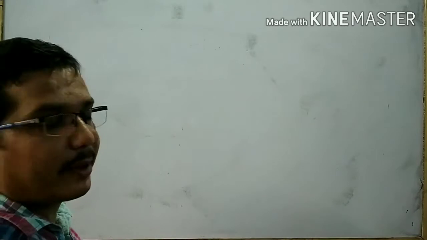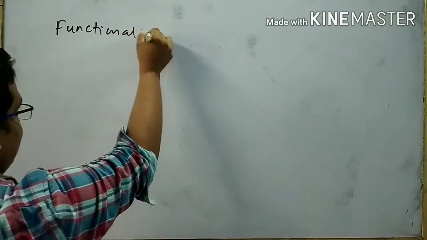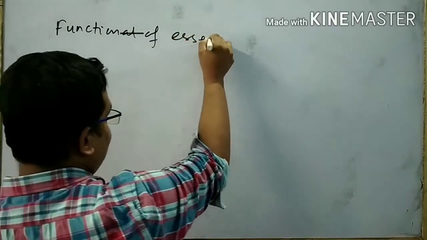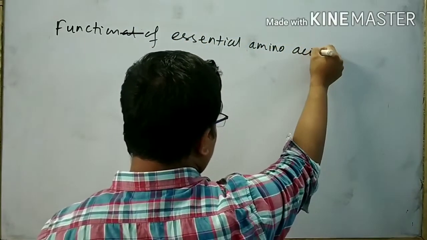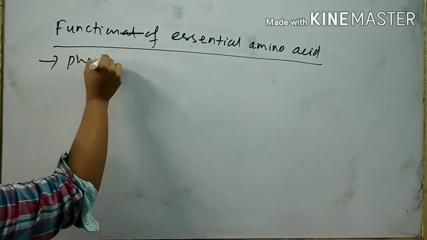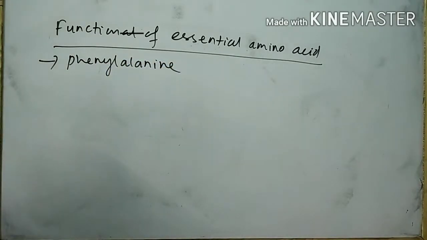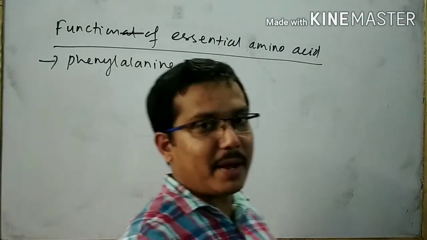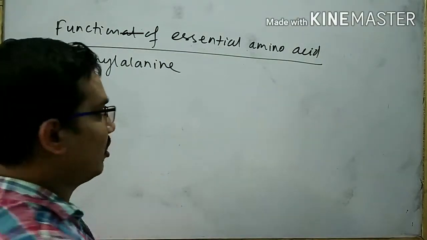Next, I will discuss the function of essential amino acid. First is phenylalanine. Phenylalanine is used for boosting memory power and maintaining a healthy nervous system.